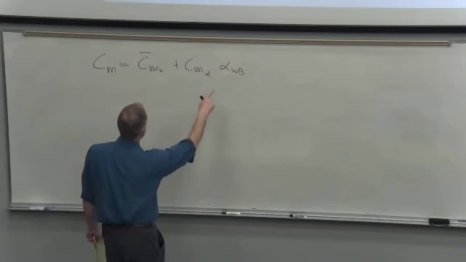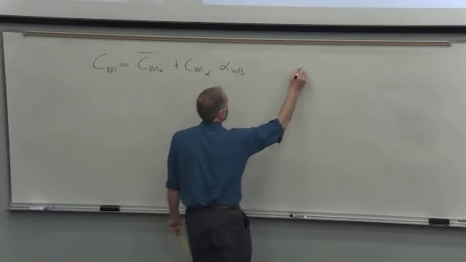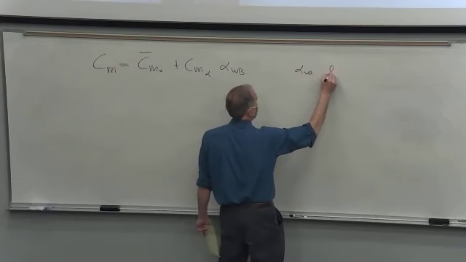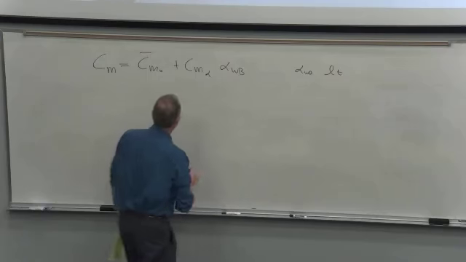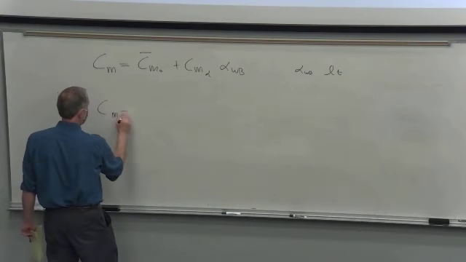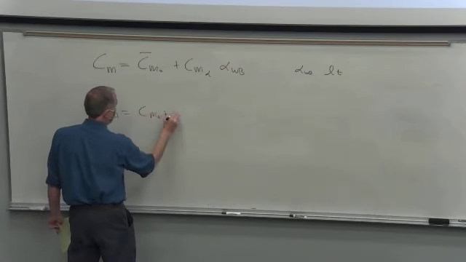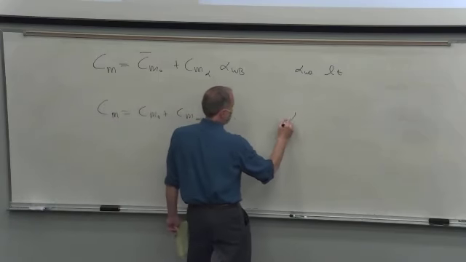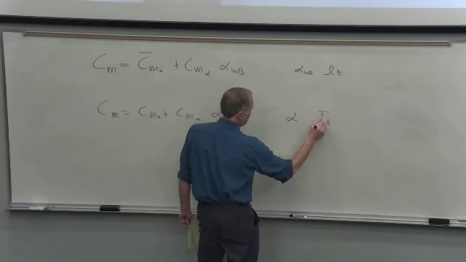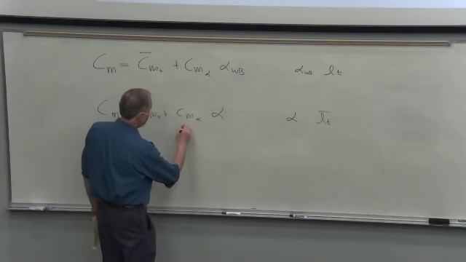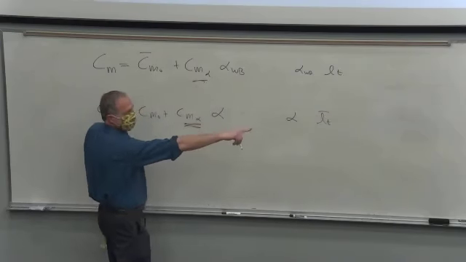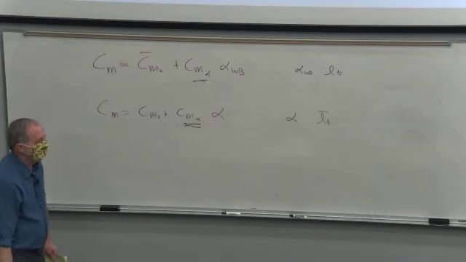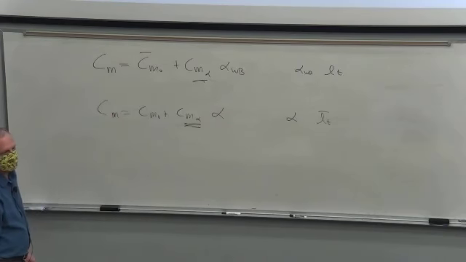And so that's in terms of alpha wing body and LT. And then the other formula we have over there is in terms of alpha and LT bar. And in fact, CM alpha is the same. It's that same formula. If you do it either way, it's the CM0 that changes.